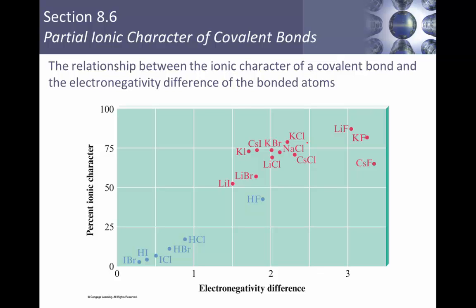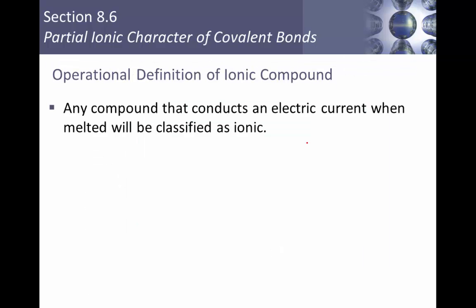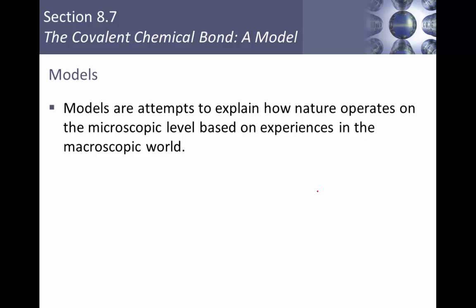And so to deal with these little complicated issues, we're just going to change our basic definition to be an ionic compound is one that can conduct an electric current when it's melted. Okay, so we're not going to worry about the previous definition, and we're just going to base our idea of ionic compounds on this idea. Okay, so just a little note about that.